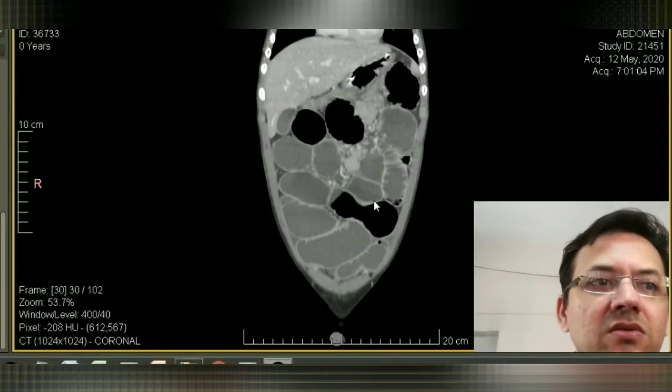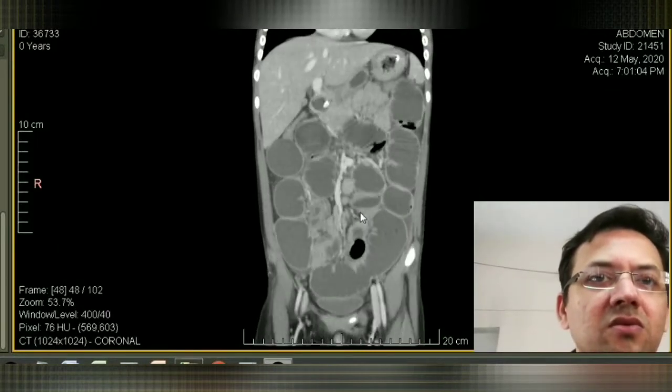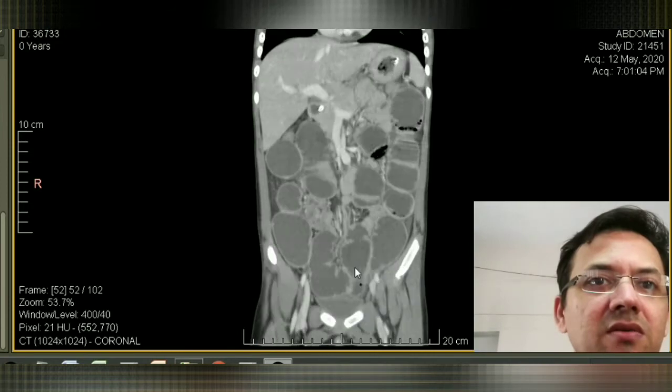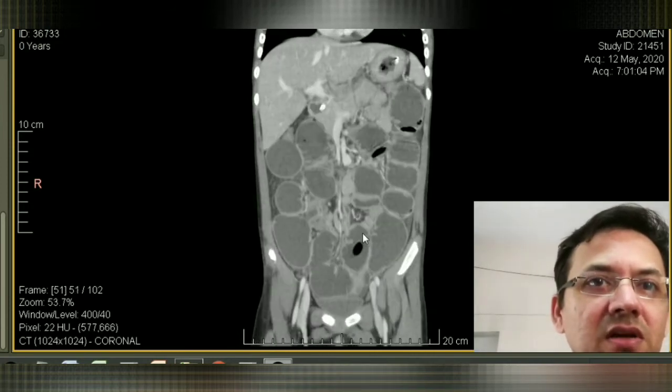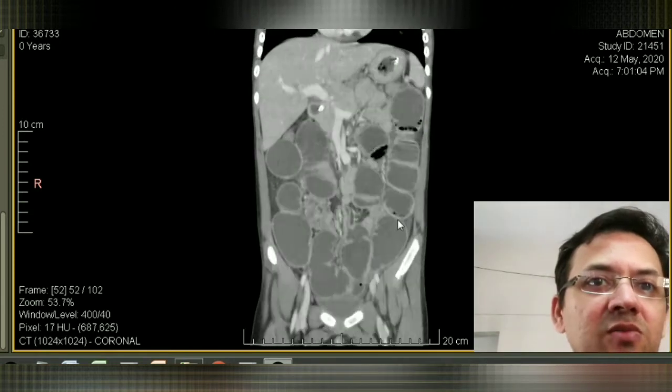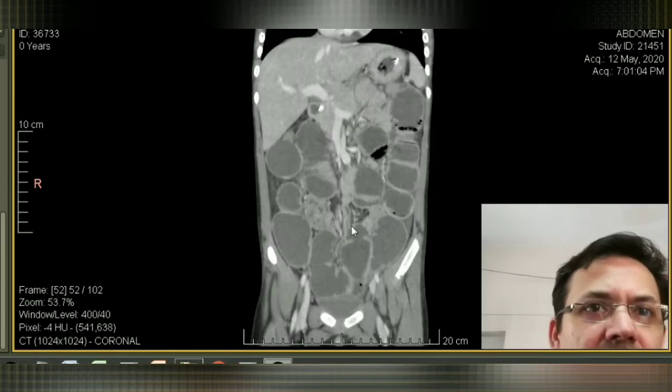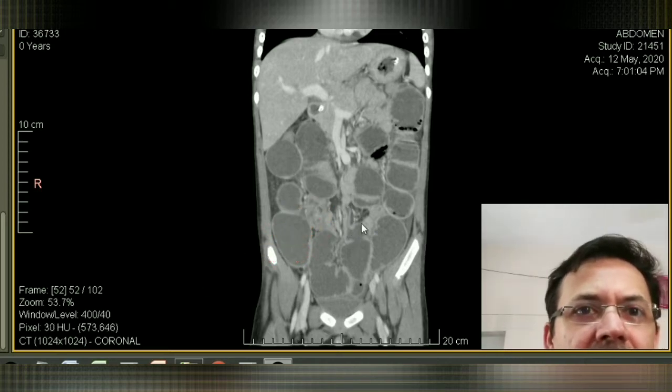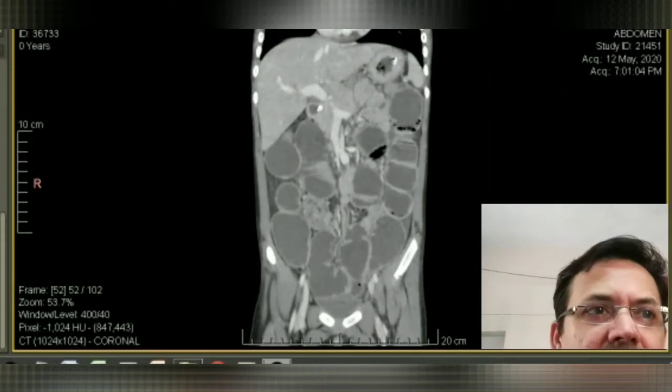So these are coronal images. We are scrolling. We can see here again the same finding, that is an outpouching, focal Meckel's diverticulum itself arising from the small bowel in the central abdomen. So here we have loaded coronal images where we can see the same finding, that loop.